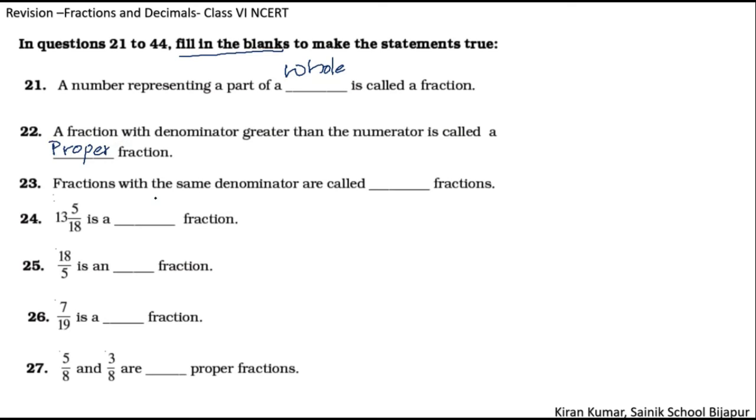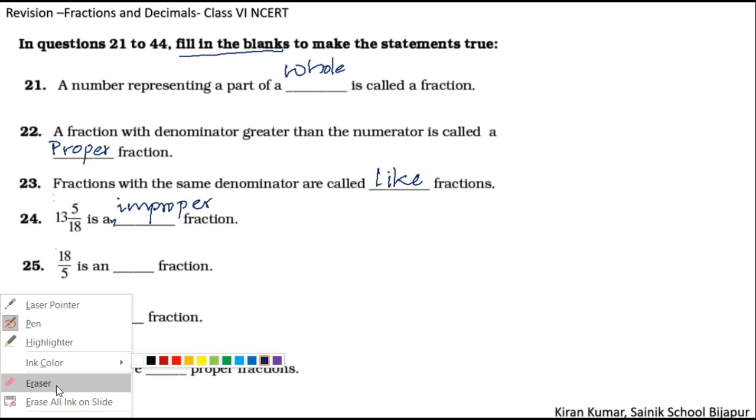Fractions with the same denominator are called as like fractions. 13 integer 5 by 18 is a dash fraction. It's an improper fraction. 18 by 5 is an dash. Sorry, in this case it is mixed fraction.